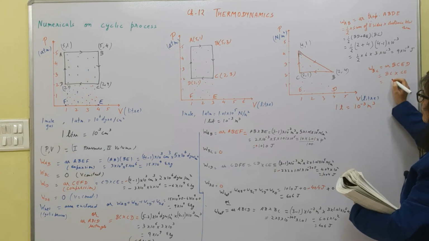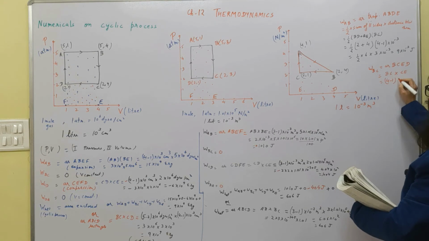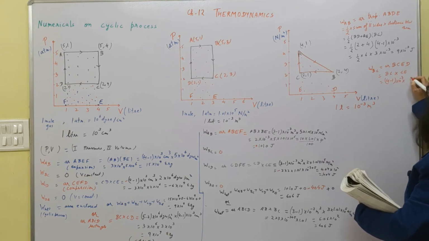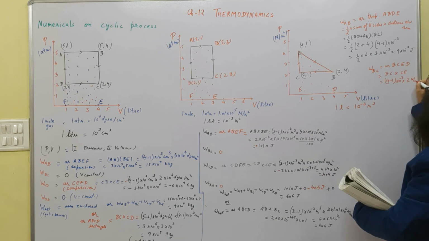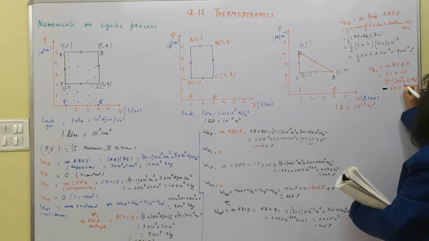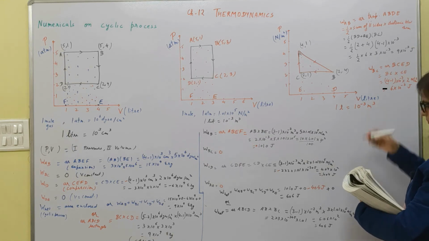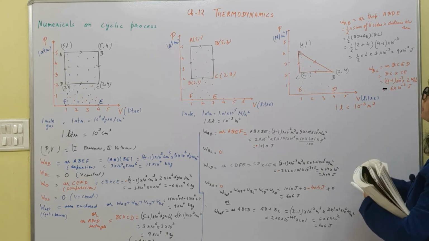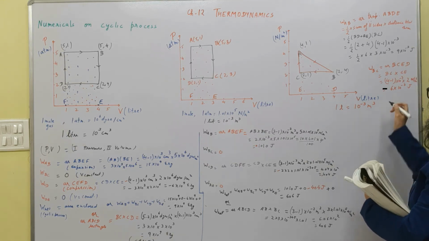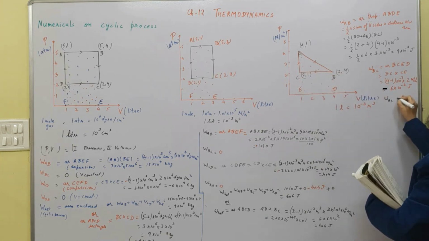So BC is how much? 4 minus 1 into 10 to the minus 3. CE is how much? 2 Newton per meter square directly. So this is 3 into 2, that is 6 into 10 to the minus 3 joules. Then you have to find W in AC. So WAC, because no volume change, this is 0.